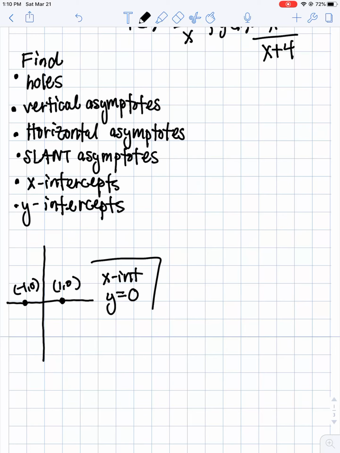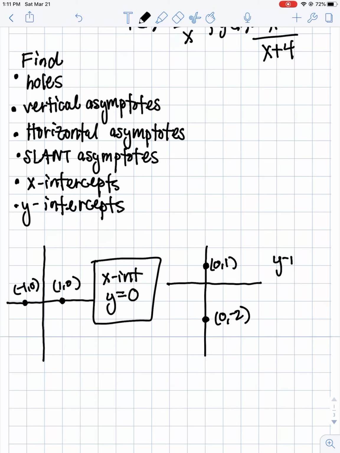Okay, so if you ever want to find an x-intercept, you set y equal to 0. Okay, big idea. If I come over here and do another little graph, y-intercept, so that's a y-intercept. That point is 0, 1. That's a y-intercept. That point is 0, negative 2. Well, again, it's really easy to see that y-intercepts mean x equals 0. So there's two big ideas for you, okay?